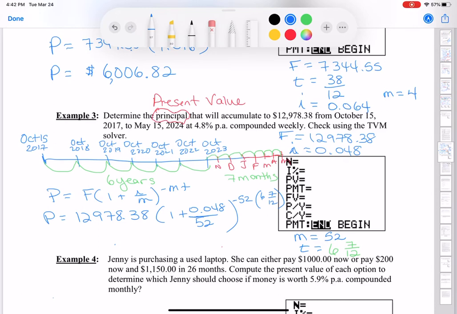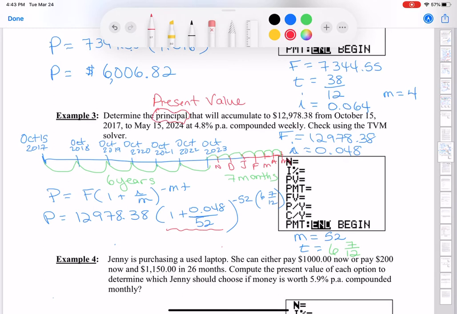Now, my fine folks, this is not one of those situations where we actually want to simplify down what is in the bracket. We don't want to do that because it's not a nice decimal when we divide 0.048 by 52.